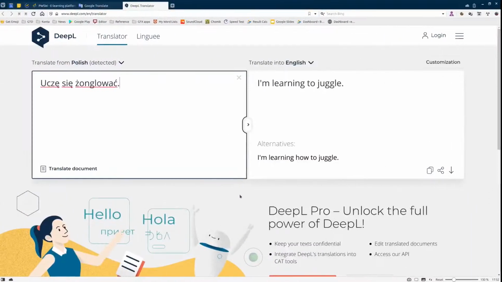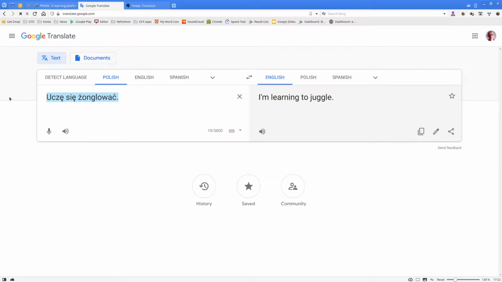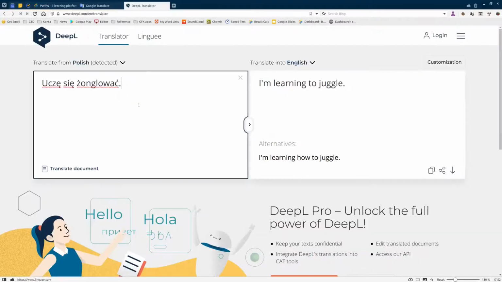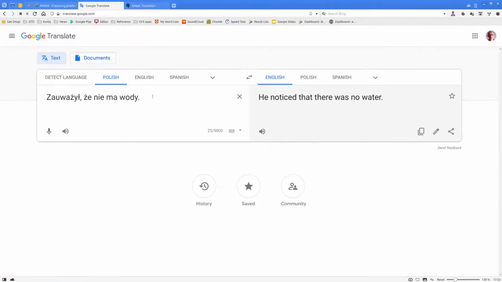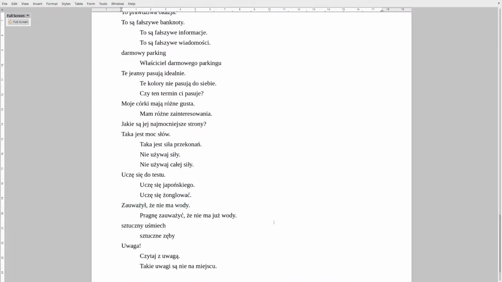Zauważył, że nie ma wody. Right, he noticed that there was no water. So that's the most obvious translation. He noticed there was no water. Pragnę zauważyć, że nie ma już wody.